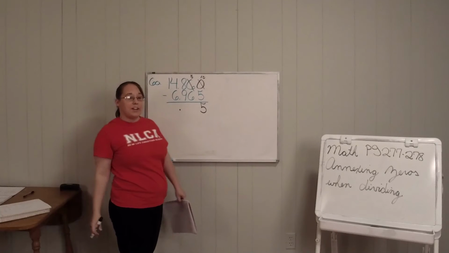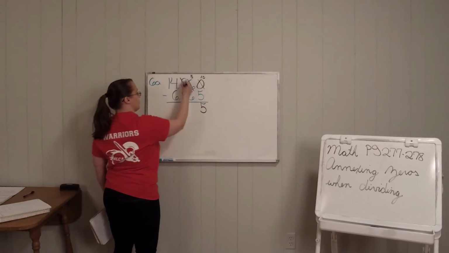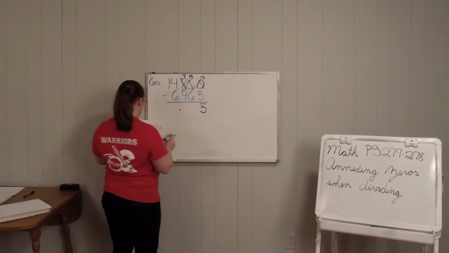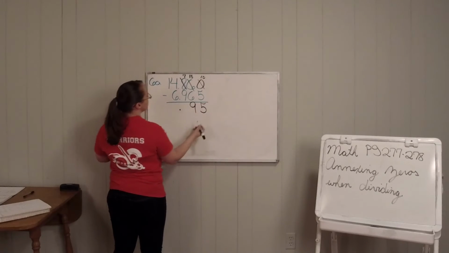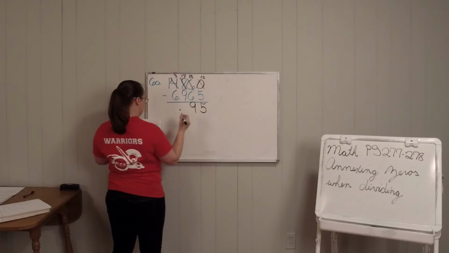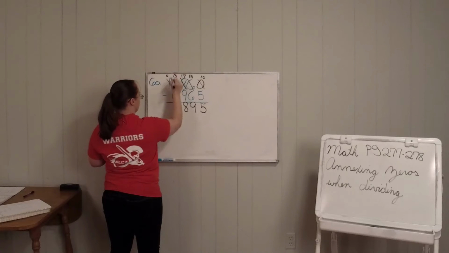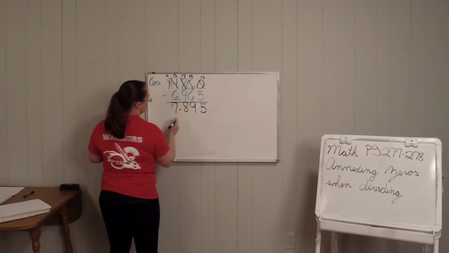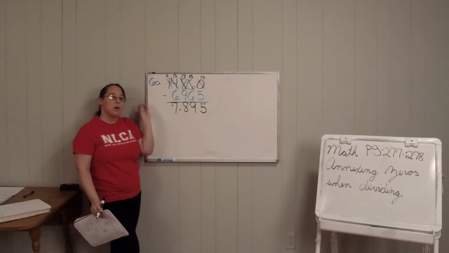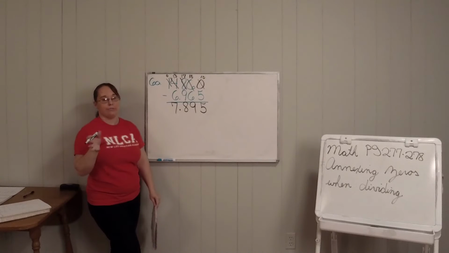If you go ahead and take everything away, the only time you do that is when there's zeros. 15 minus 6. 17 minus 9. So yes, we did have to borrow from all of our neighbors, but in some cases you don't, and I know some of you go ahead and borrow from everybody when you don't have to.